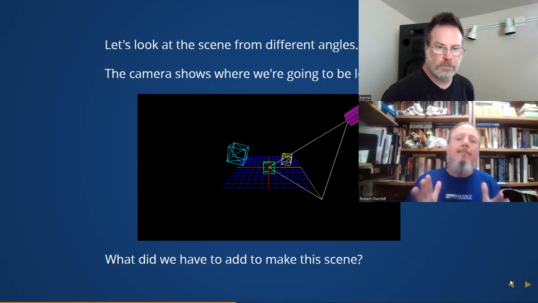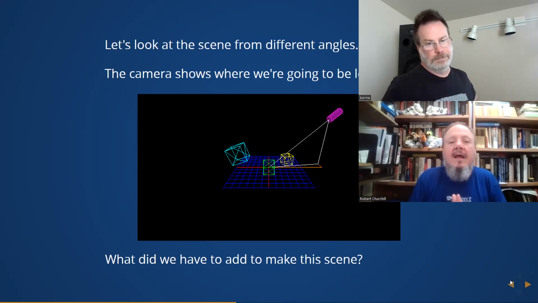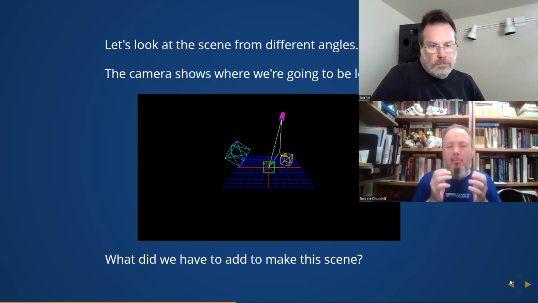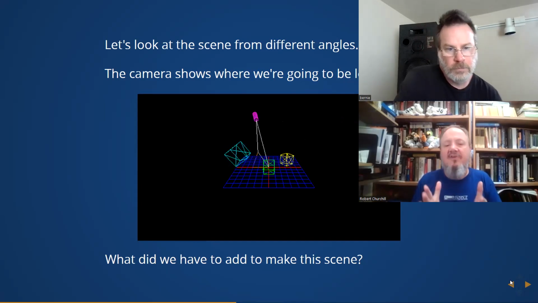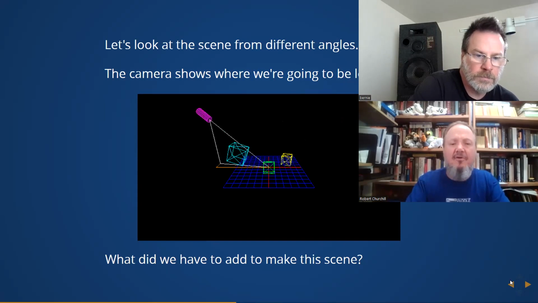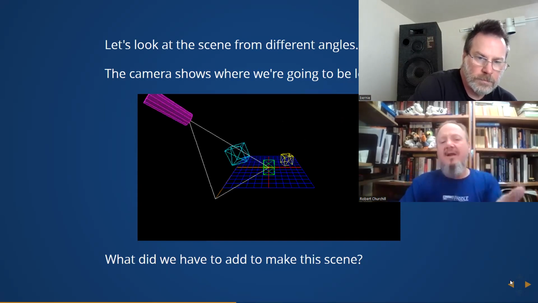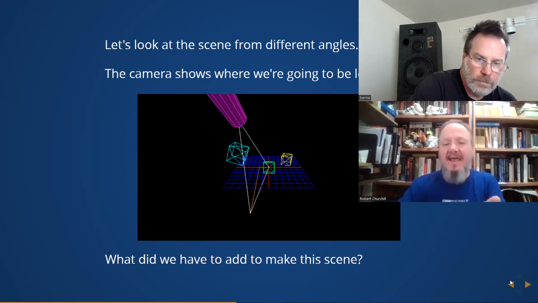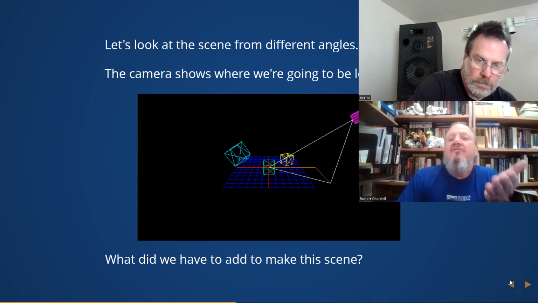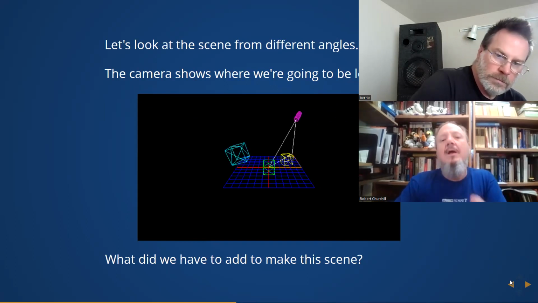So what I'm doing now is showing you the same scene and showing you how I'm going to rotate the scene by changing or rotating not the picture, but the way we look at it. I've animated a make-believe camera that shows where I'm going to be looking from.